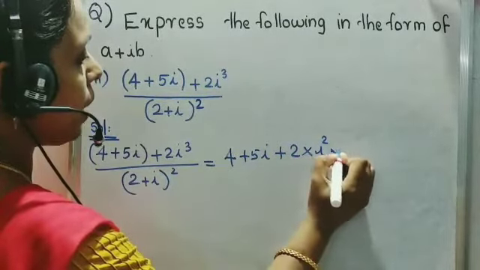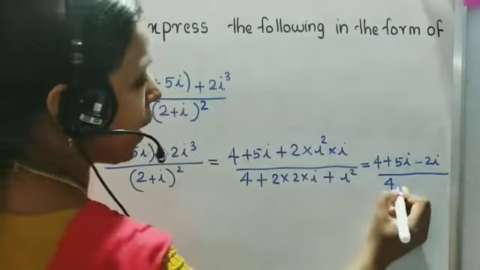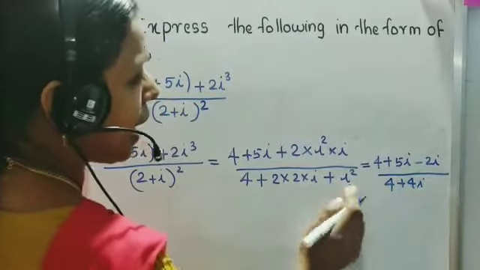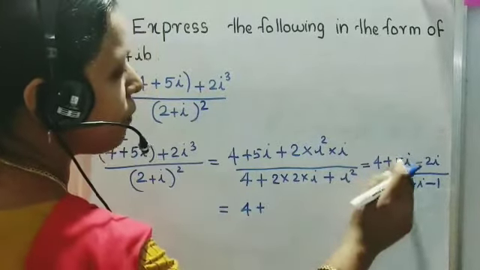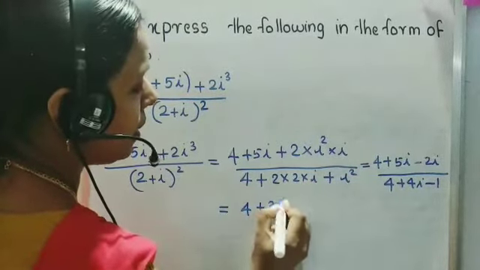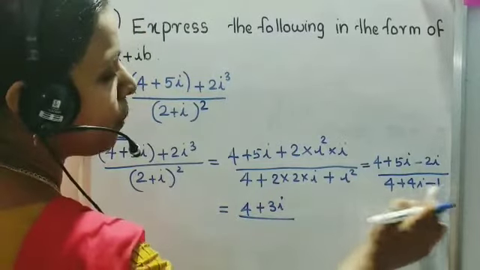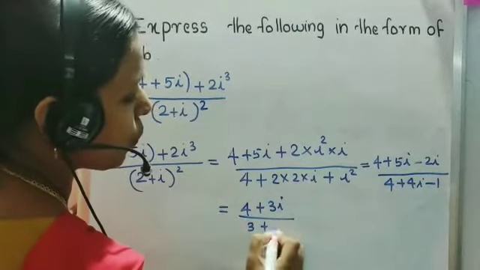Here 4 + 5i, where i² is minus 1, then minus 1 into 2i is minus 2i, divided by 4 + 4i, where i² is minus 1, so minus 1. Then that is equal to 4 plus, 5i minus 2i is 3i, divided by 4 minus 1, 3 + 4i.